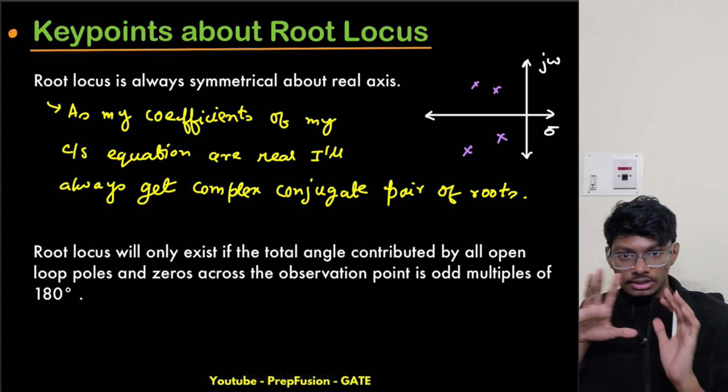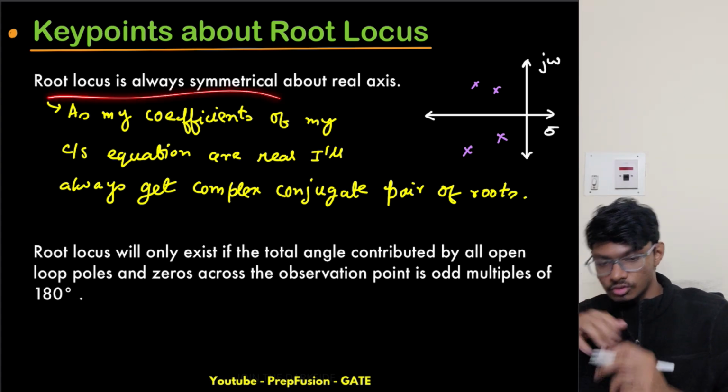So I hope you got the basic intuition why my root locus is always symmetrical about the real axis.